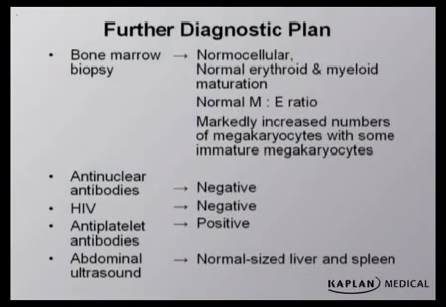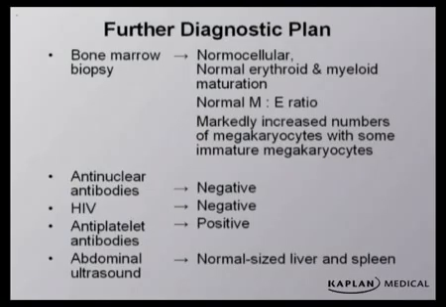So a bone marrow biopsy shows normal cellularity, normal erythroid and myeloid maturation, and a marked increase in the number of megakaryocytes. That is pathognomonic for ITP. If you have a healthy marrow, you produce megakaryocytes, and you've got a lot of megakaryocytes, and you put out from your marrow these large platelets.